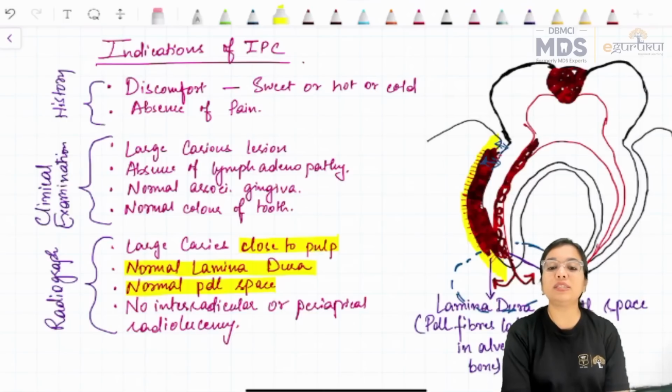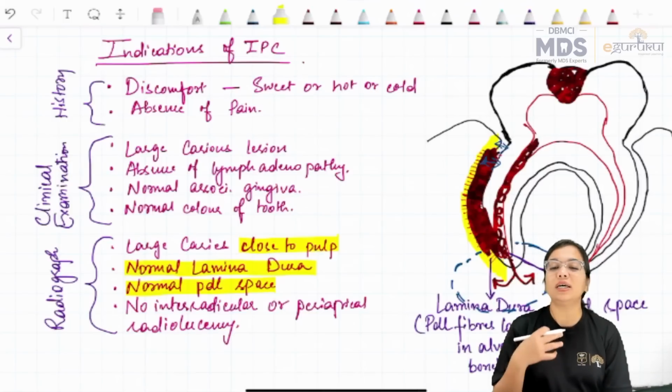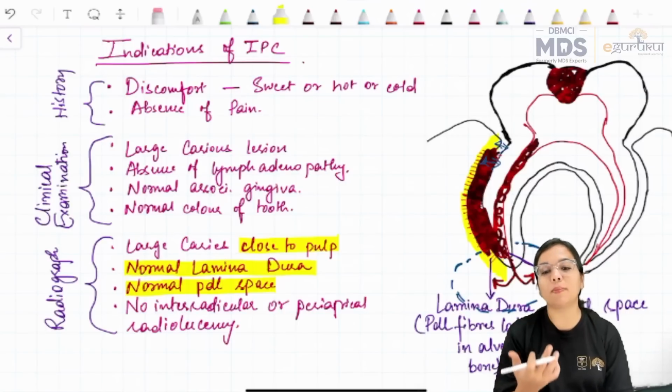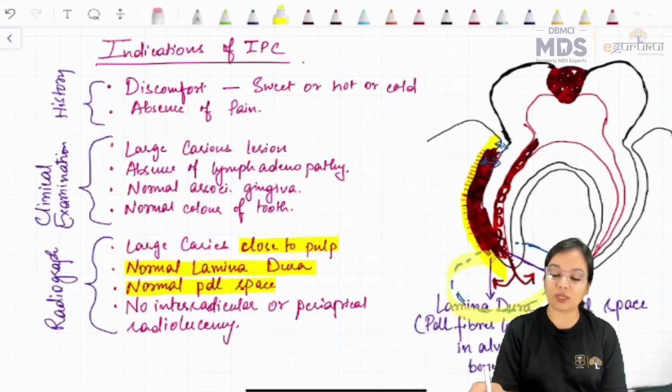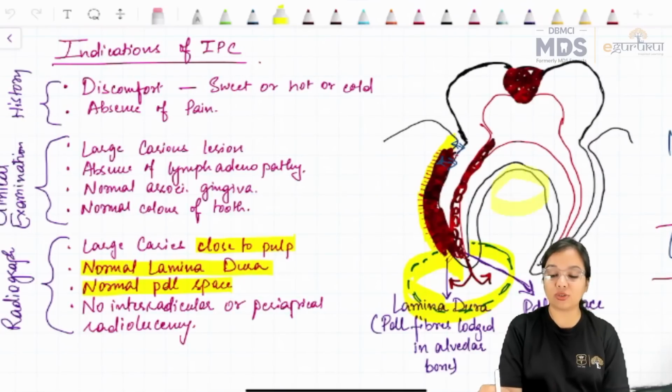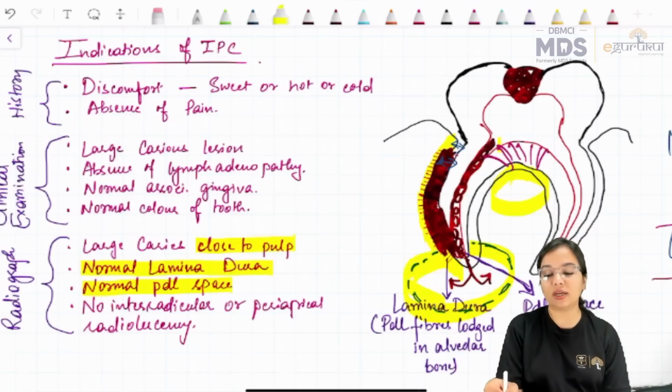Then in a radiograph, if we see a large carious exposure that has reached and touched the pulp, and there is broken lamina dura, a widened PDL space, and radiolucency around the apex of the tooth or at the furcation area. We have various canals and channels over here also, so an infection can occur in the furcation area or in the periapical area.